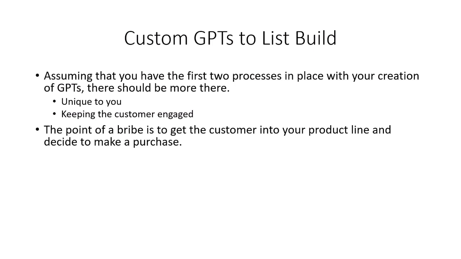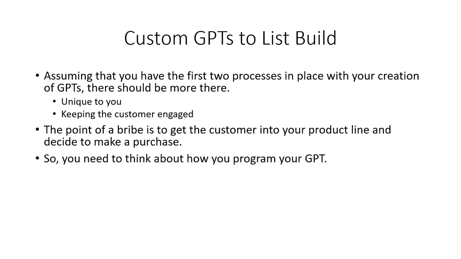So the point of creating a bribe is you follow it, you're drawing the customer into your product line, not just putting them on your list. So if you're going to use a GPT as part of your list building, program it right.